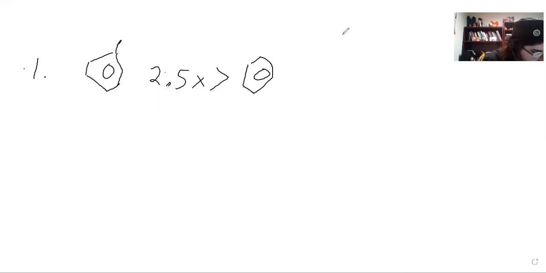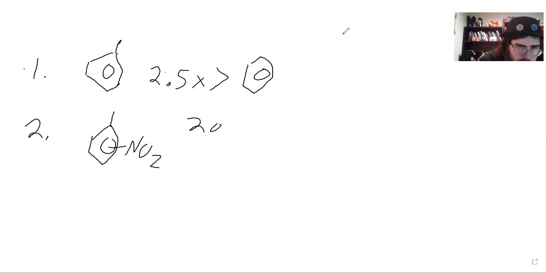If I look at nitration, it produces a mixture of products. If I try to nitrate toluene, we have two different ortho products, two different meta positions, and one para.